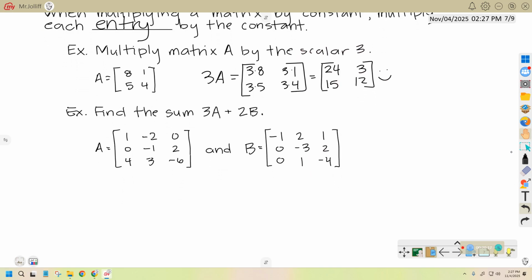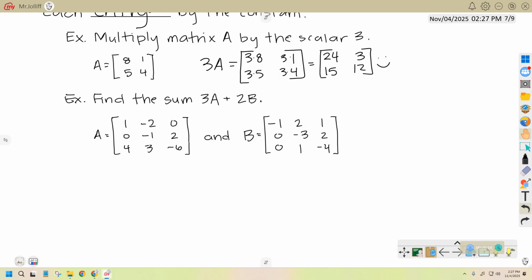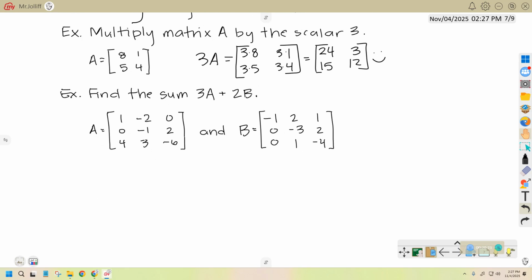So I'm going to start with 3A, maybe. And we know now how to do that. I don't have to show my work. 3A, I'm going to multiply every entry in A by 3.